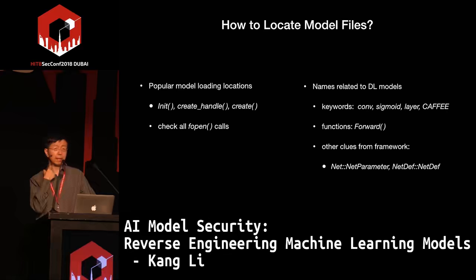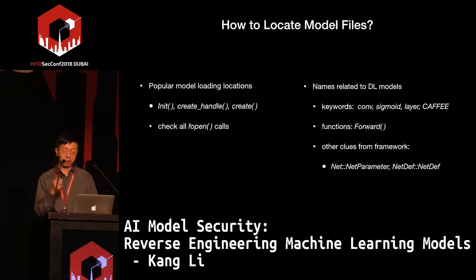Often there is also lots of other framework-based information that makes your life easier in recognizing where the model is and how they use it, because you need to locate the code that starts to use the model, so the model is loaded before all these functions.